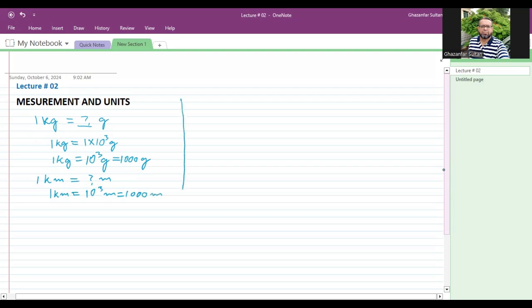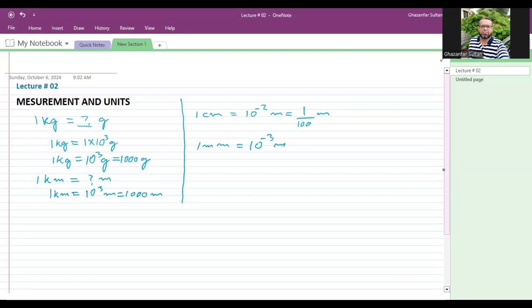Similarly, if you study the much smaller units, for example, centimeter or millimeter, 1 centimeter is equal to 10 raised to power minus 2 meter, or in fraction, it can be written as 1 upon 100 meter. 1 millimeter, similarly, is 10 raised to power minus 3 meter, because this m is for meter and this m is for milli.